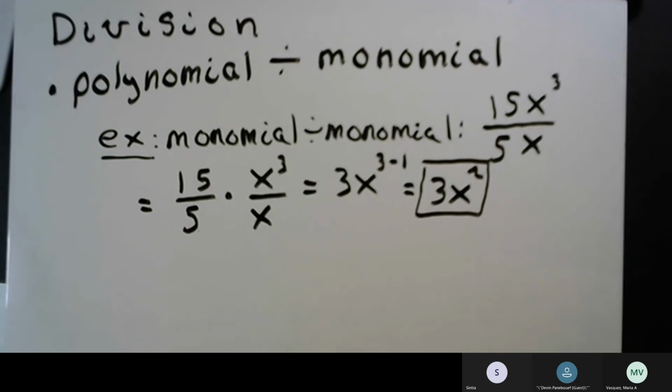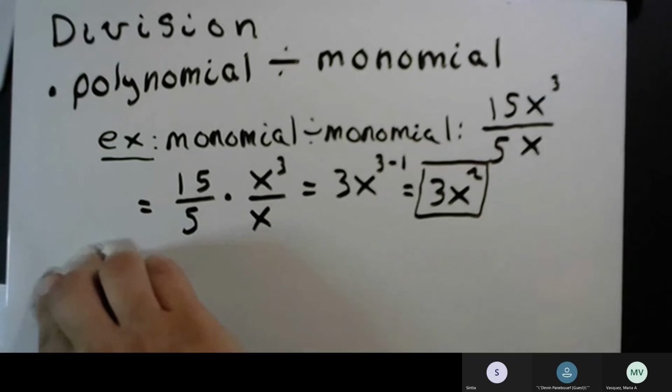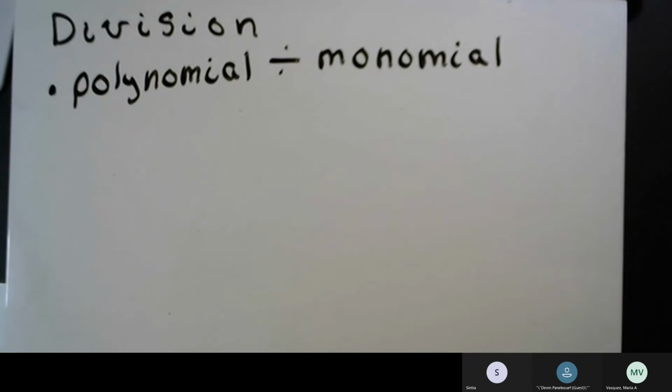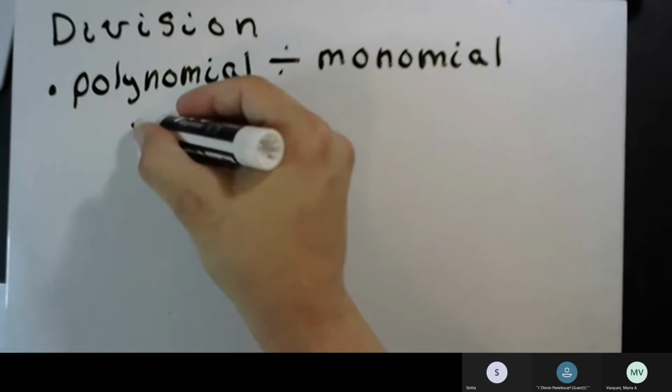So we've seen this where we do monomial by monomial. Now we're going to look at polynomial by monomial, and we've kind of encountered this when we were working with equations for lines. We did run into some of this. And there's a little formula that we saw that kind of helps.